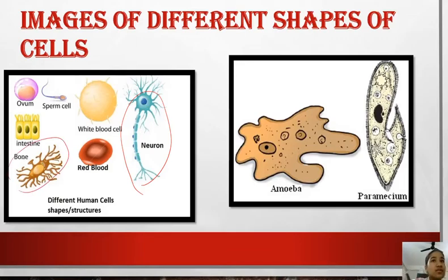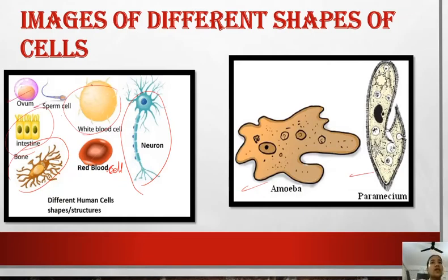Different human cells have different shapes and structures. Our bone cell is different, our intestine cell is different. Our white blood cell, ovum, sperm cell, and red blood cell, each you can see has a different structure. Their structure is because of their function, and it helps them in their function. Amoeba has a different shape, paramecium has a different shape.